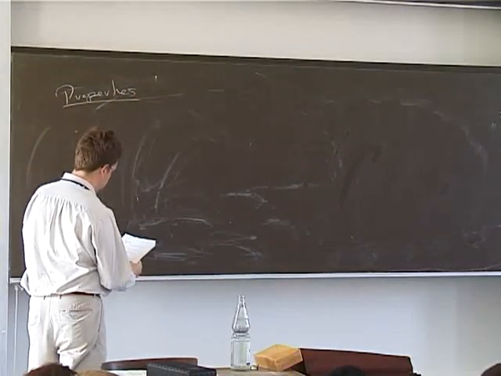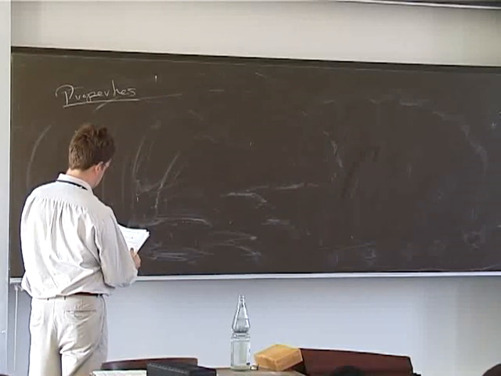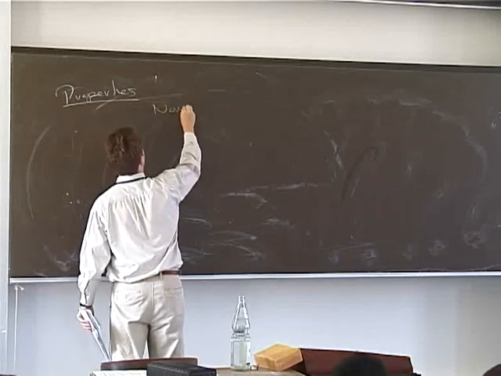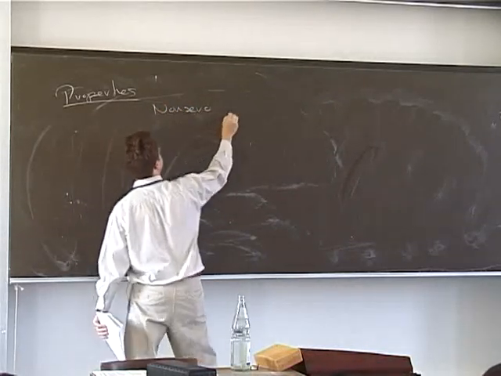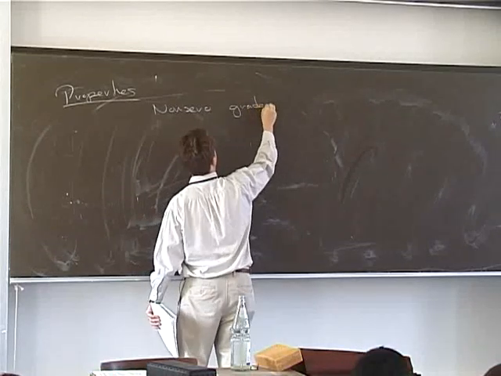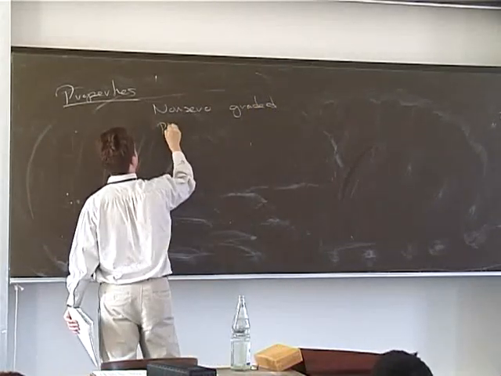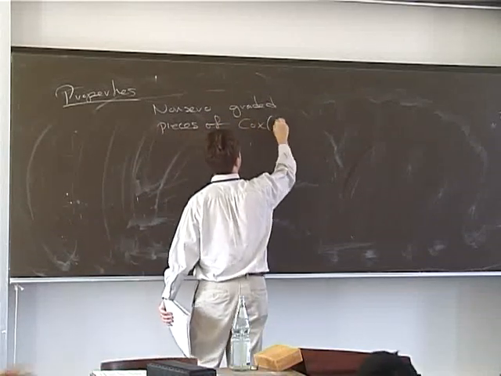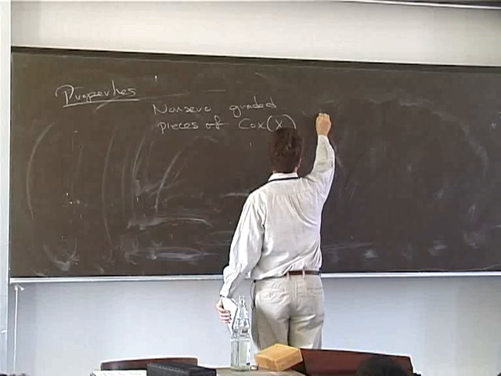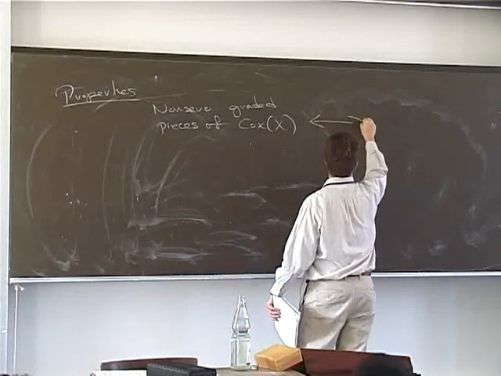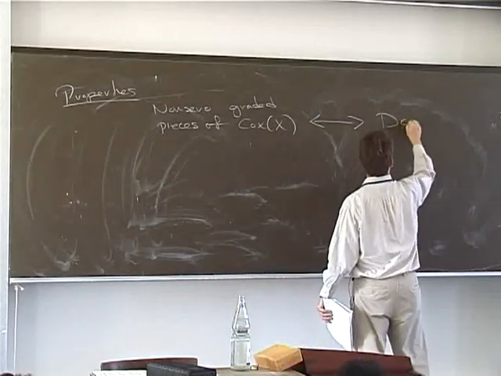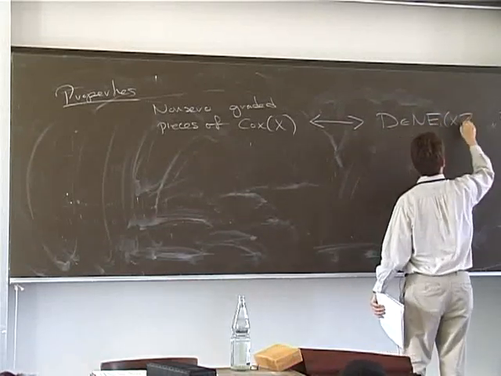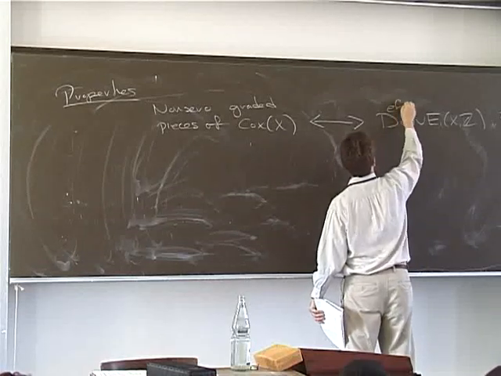So the first property is that the non-zero graded pieces of the Cox ring are in one-to-one correspondence with effective divisors.